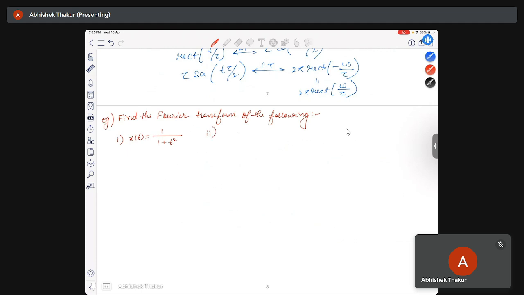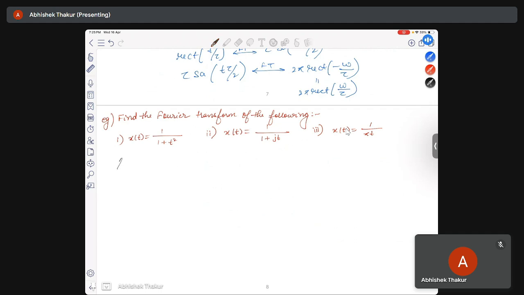The second is x(t) equal to 1 by (1 + jt). Third is x(t) equal to 1 by πt. So we have to find the Fourier transform of each one. So we will use the property of duality.